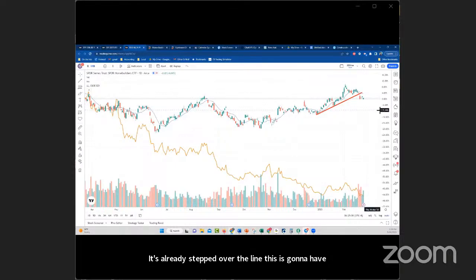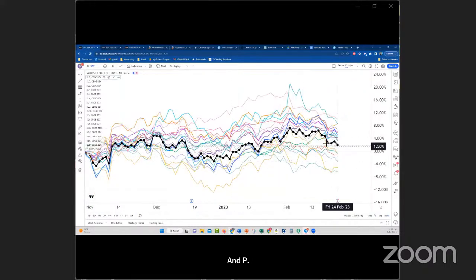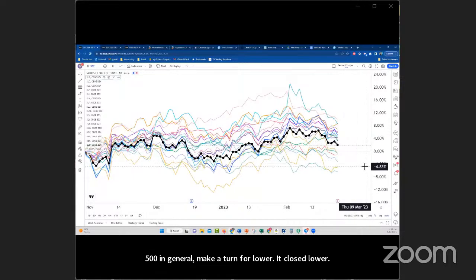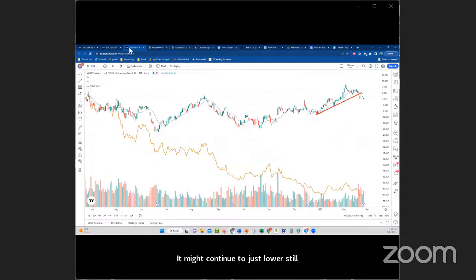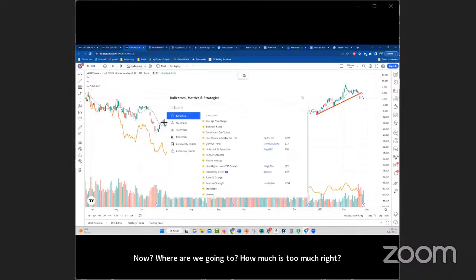And if that thing continues to go down, then we might see the S&P 500 in general make a turn for lower. It closed lower, it might continue to just close lower still. Now, where are we going to? How much is too much, right? Well, I like to use the Keltner channels for that.